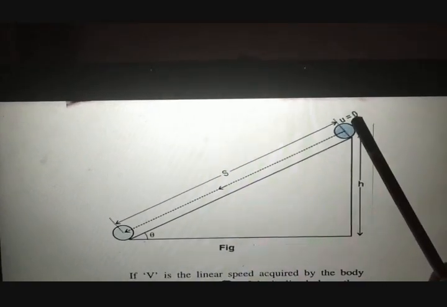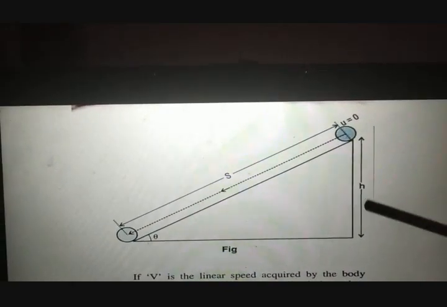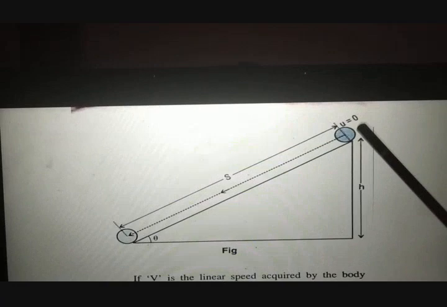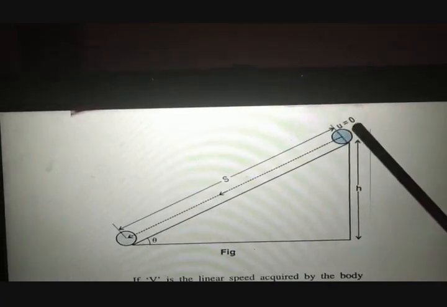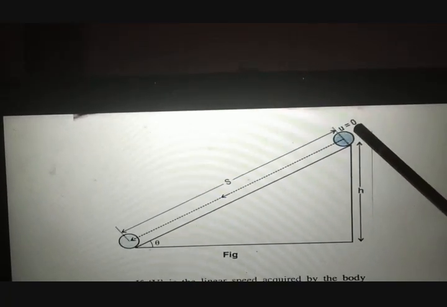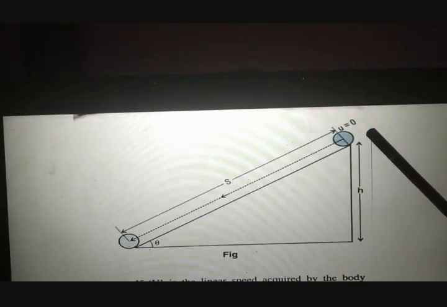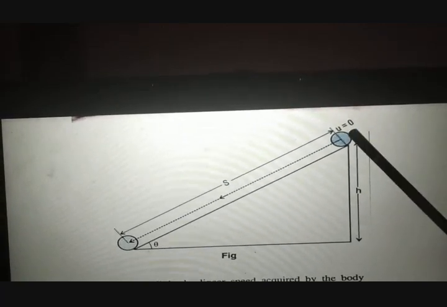Now when your body is at this point, at a certain height h, the potential energy will be mgh, because it is at a certain height. But as u is 0, the kinetic energy will be completely 0, meaning velocity is not there. So potential energy is maximum, kinetic energy is completely 0.